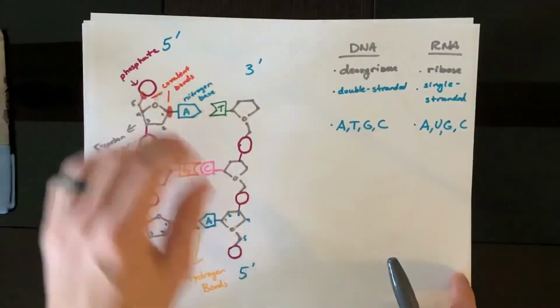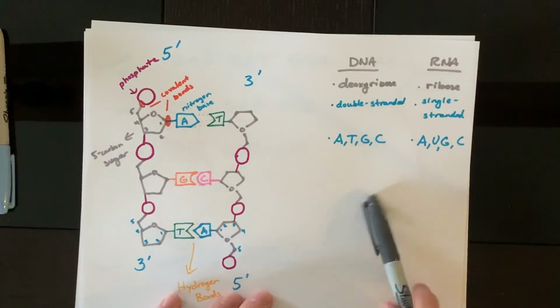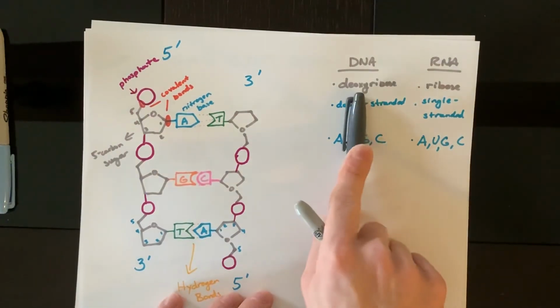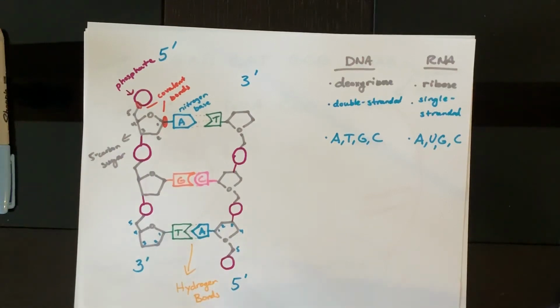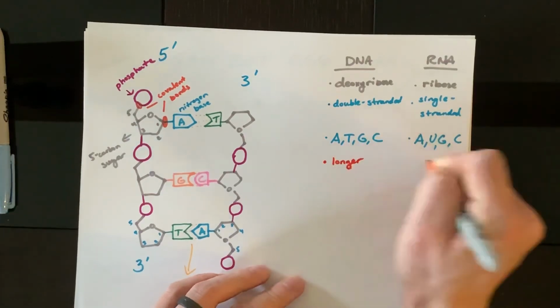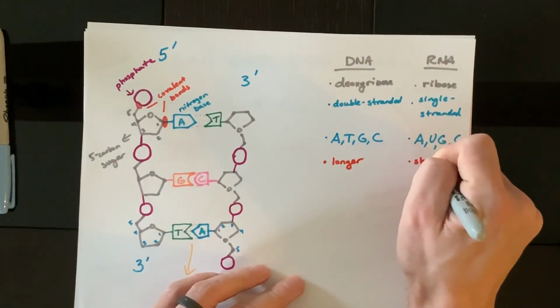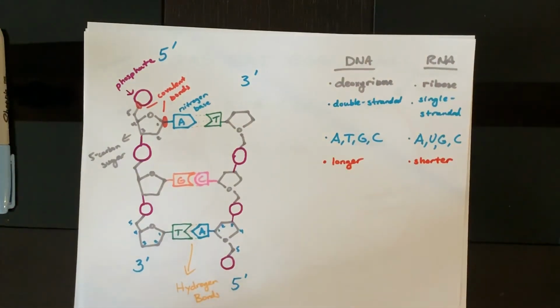All right, differences between DNA and RNA, there's your three. Deoxyribose is going to be in DNA. Okay, I'm telling you that'll be on a question on your test. Another one you could even do is DNA is longer and RNA is shorter. Reason being, guys, we're making a protein in the cell.